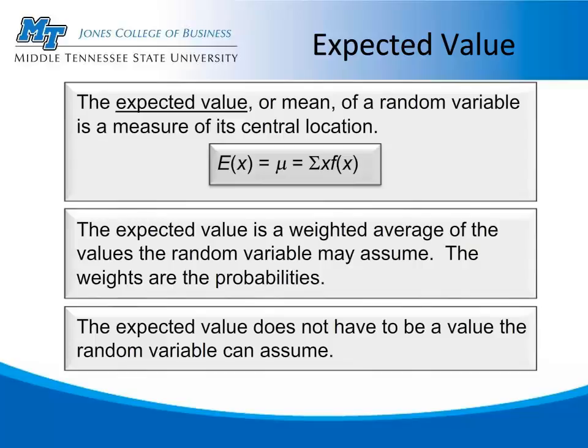You can have values like 0, 1, 2, 3, and 4, but when you take the average of those values, it doesn't necessarily have to be a 1 or a 2 or a 0 or a 3 or a 4. It can be somewhere in between those.